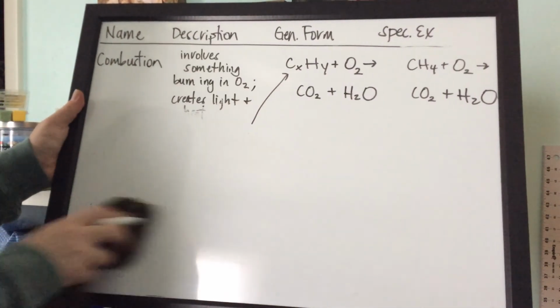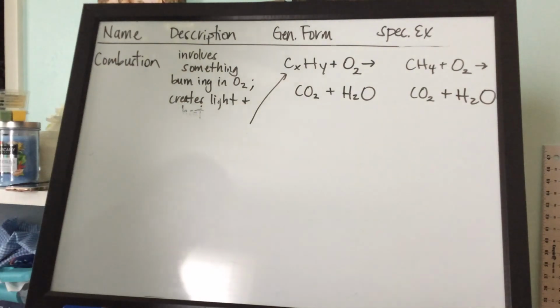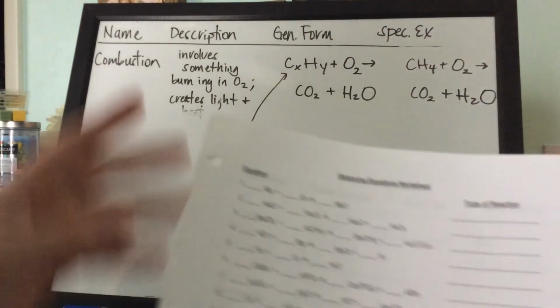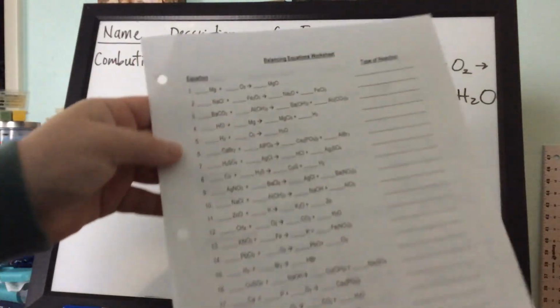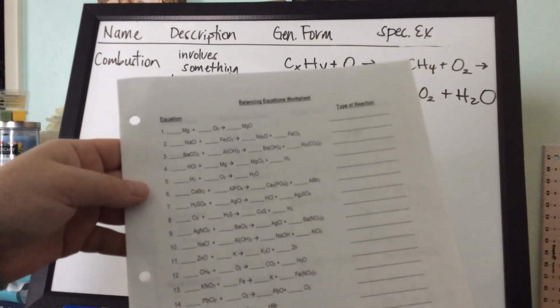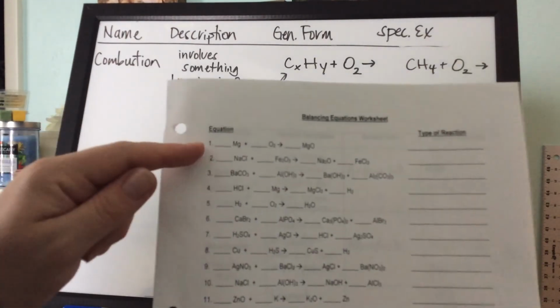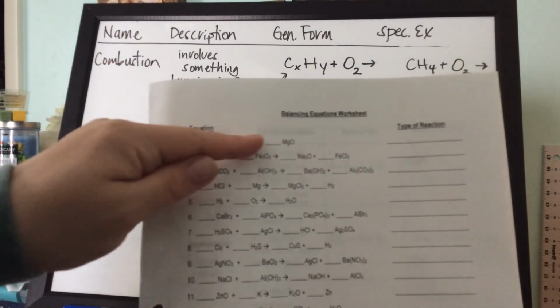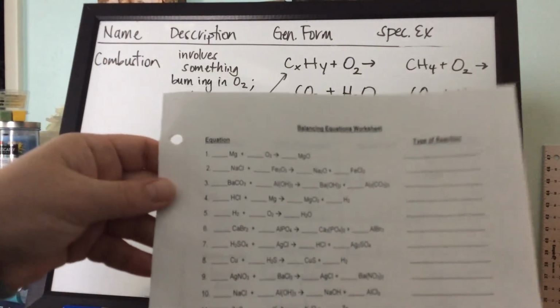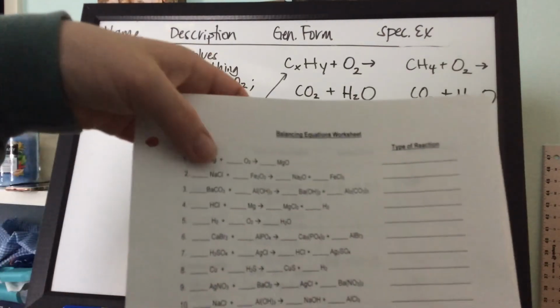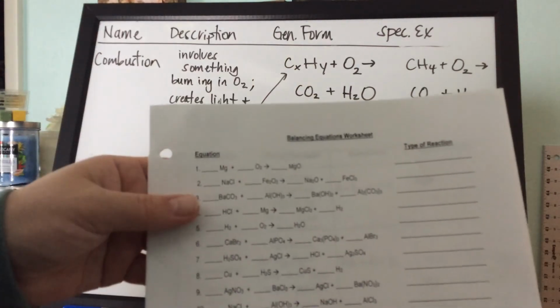Okay, so I think instead of writing this, I'm just going to try to hold this paper in front of the camera and talk about them, if it'll focus. Okay, so let's do these. So number 1, we have Mg plus O2 yields MgO. So that is a synthesis because I have 2 small things making one larger thing.